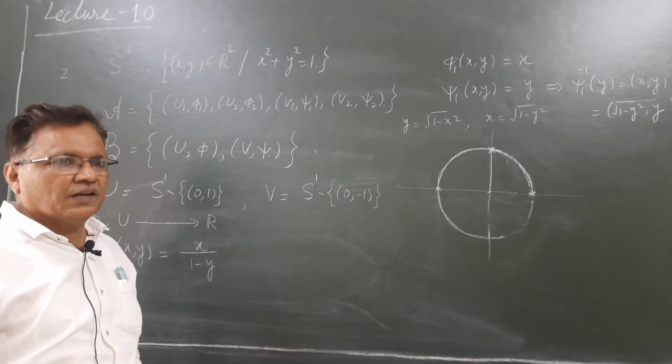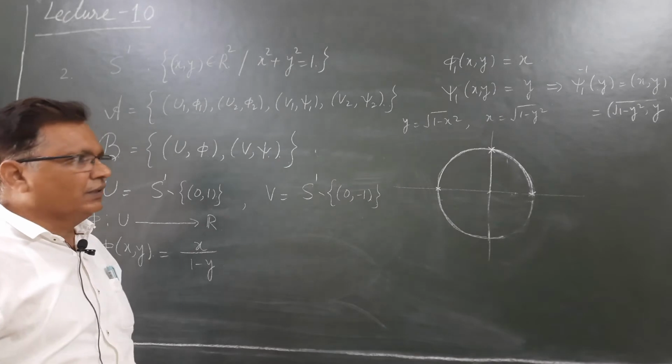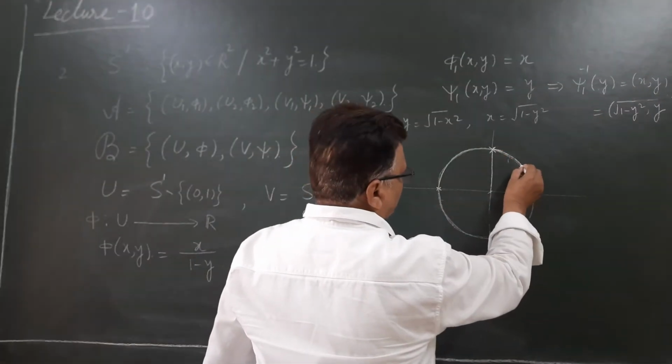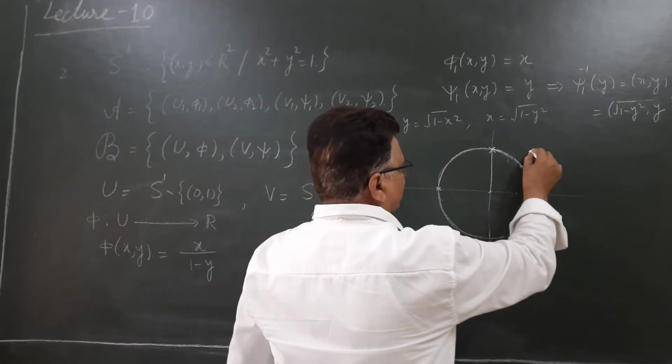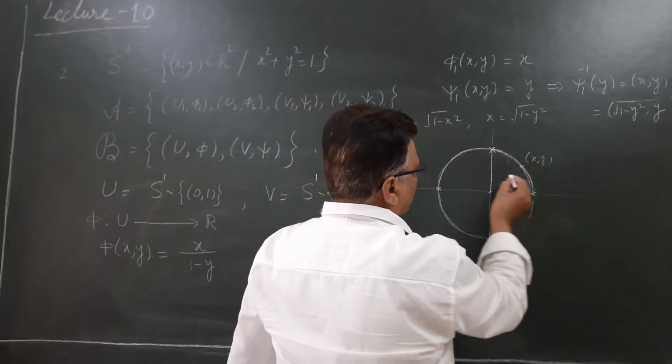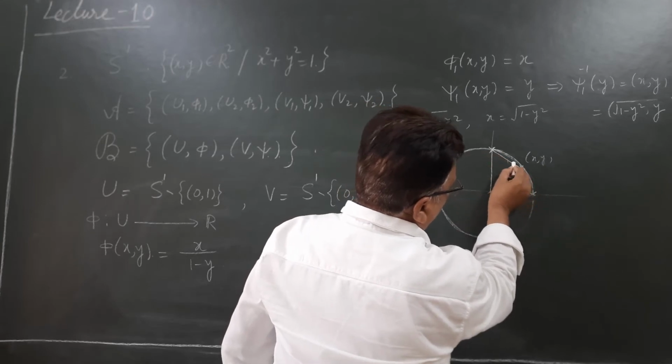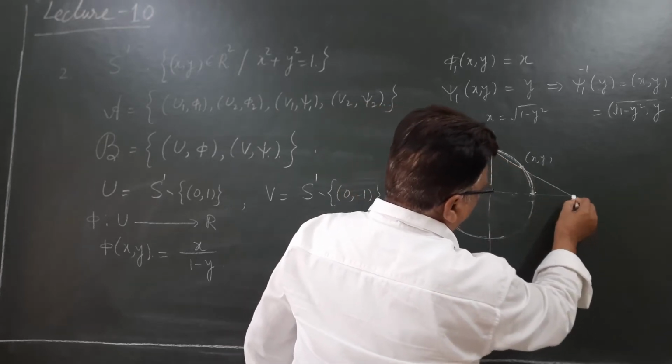Or you can say that if you want to find the image of a point (x,y) onto the real line, you join it with the north pole and extend it so that it meets the real line somewhere over here.